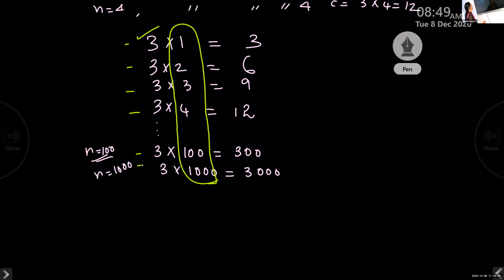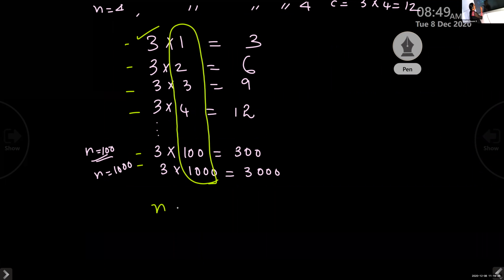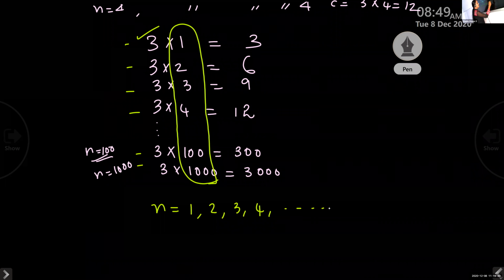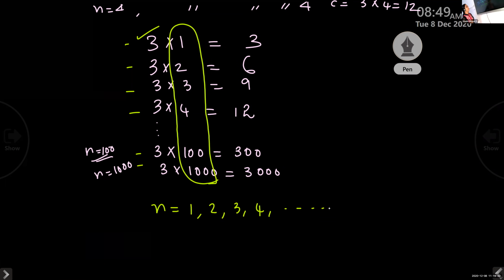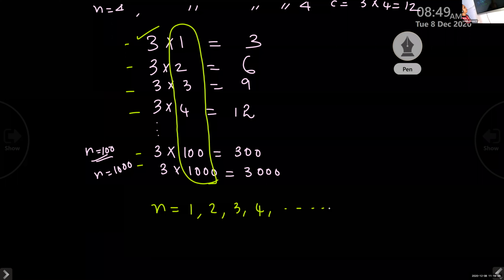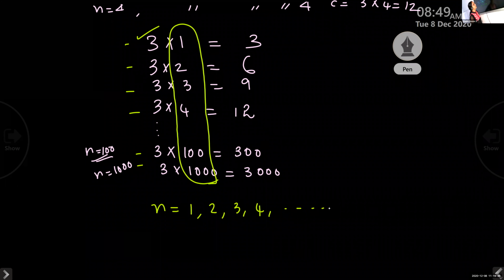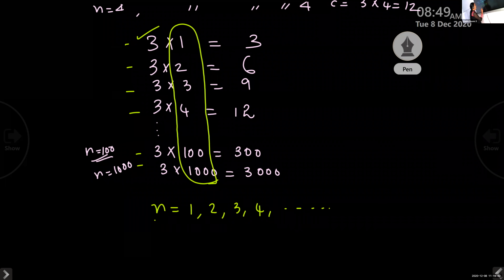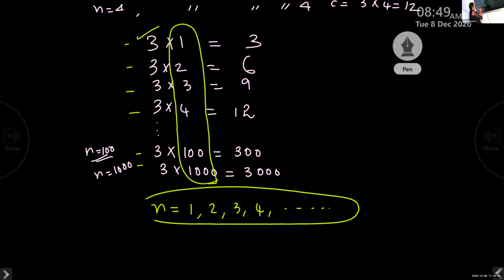According to the n we give, we will get different values. And this n's value 1, 2, 3, 4, etc., we can give many different values for n. So we will get different values. Isn't it, children? So this n is known as variable.